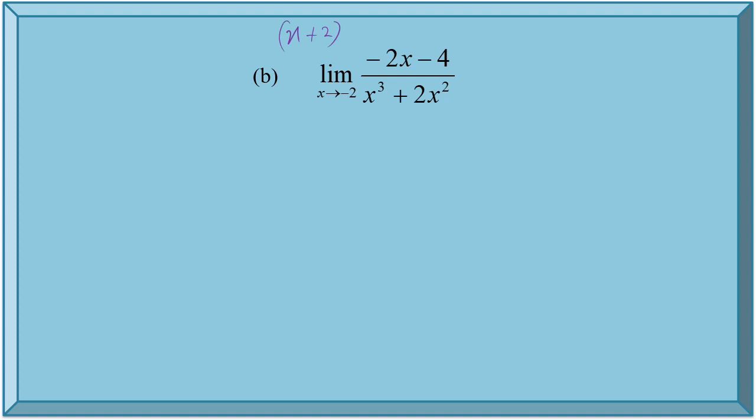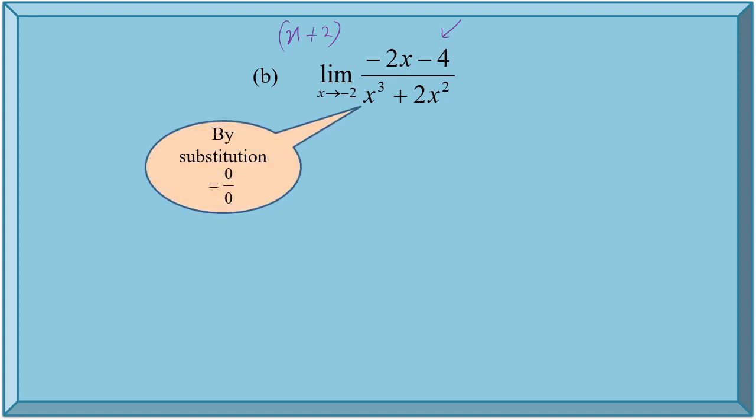We can factorize out the numerator: factorizing out negative 2, we get negative 2 times (x plus 2), because we have a common factor of negative 2 here. For the denominator, we can factorize out x squared. If we factorize out x squared, what we will have is (x plus 2).